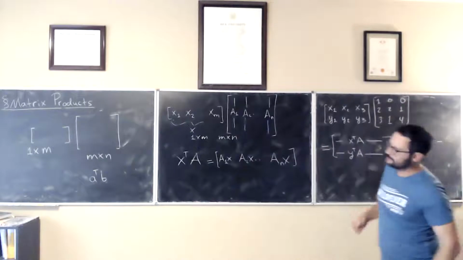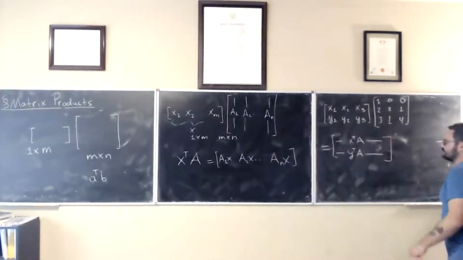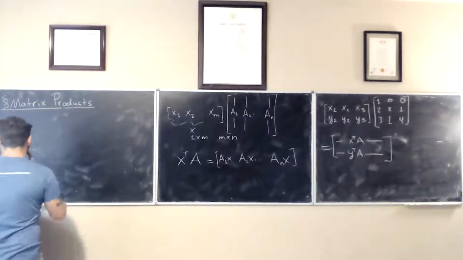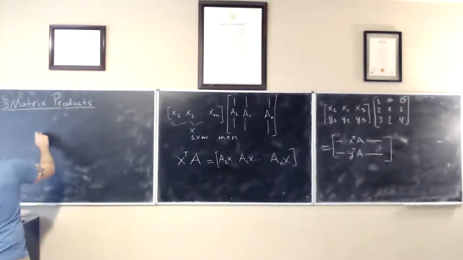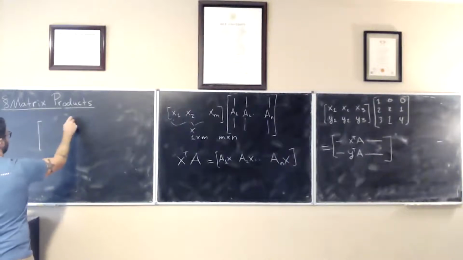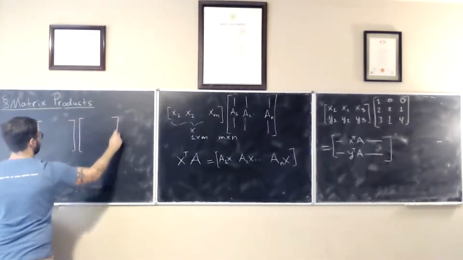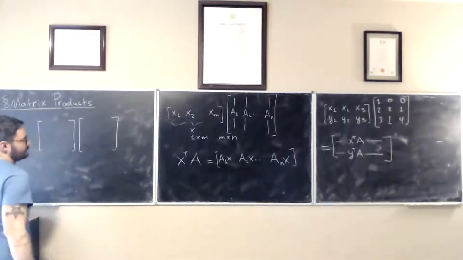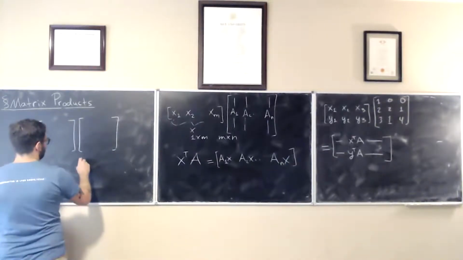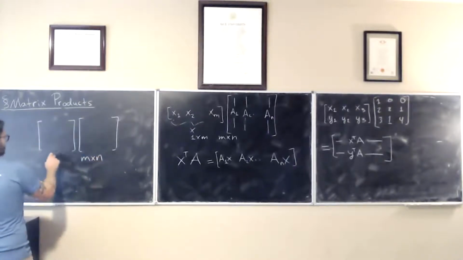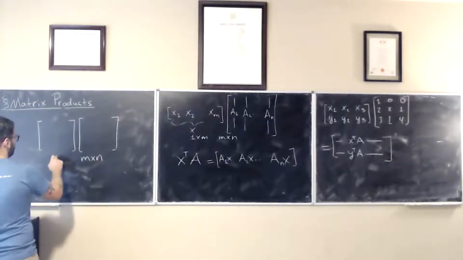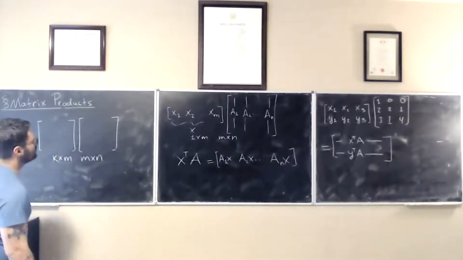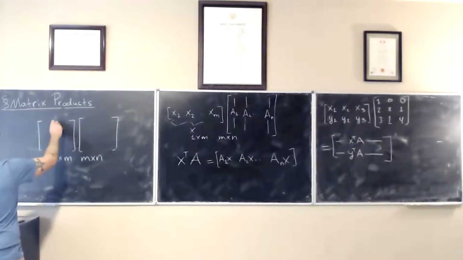Now if I wrote a third row, we can also think about more than just the... So if this is a big matrix B times A, or A times B. Let's say that this is an M by N matrix, and this is a K by M matrix.